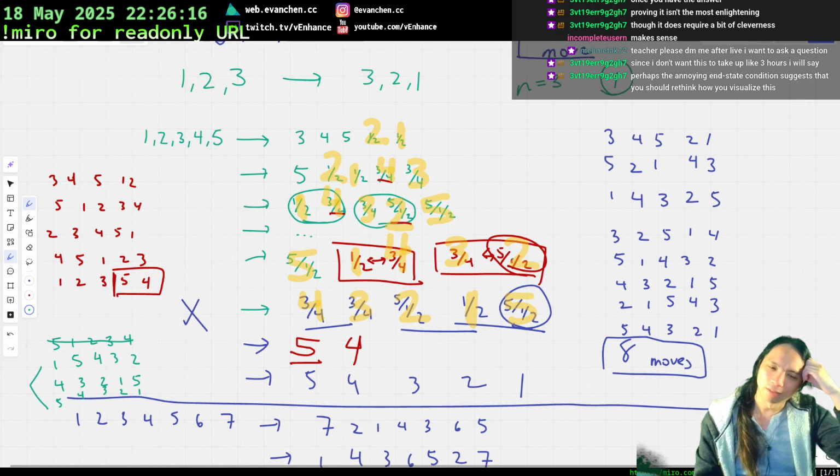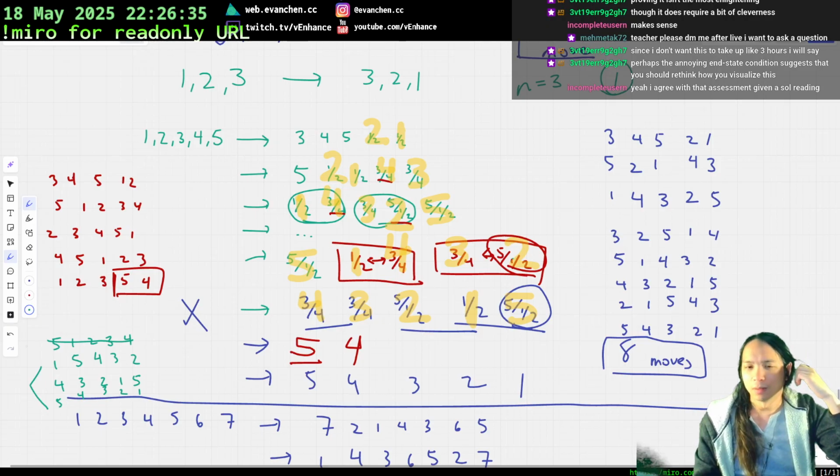Okay, can I reach the end state faster? Oh, okay.